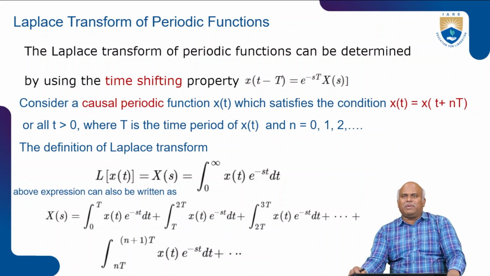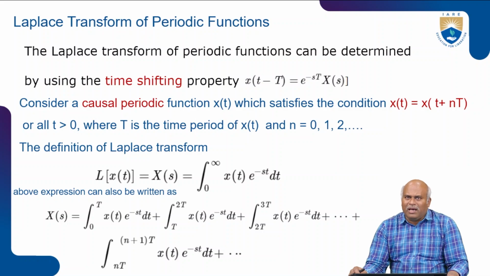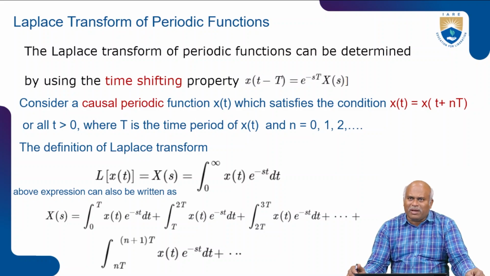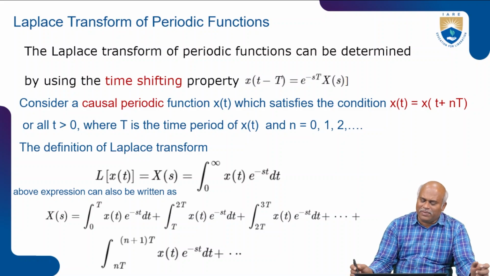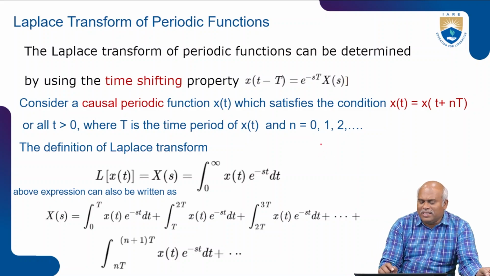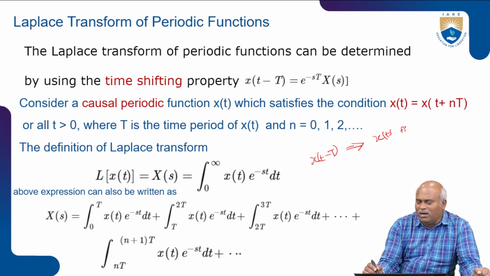Next, the Laplace transform of a periodic function. The Laplace transform of a periodic function can be determined using the time shifting property. Before that, we take the system function, where x(t minus capital T) is represented as x(t) for all t.